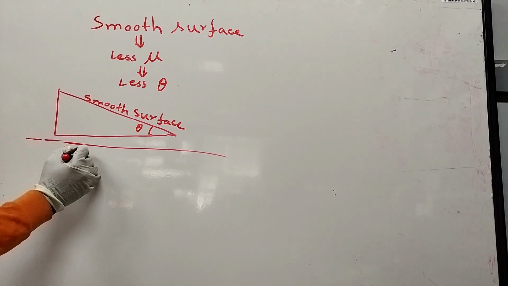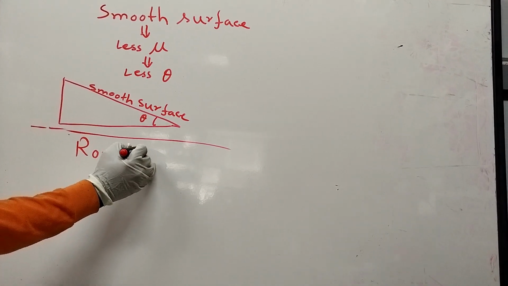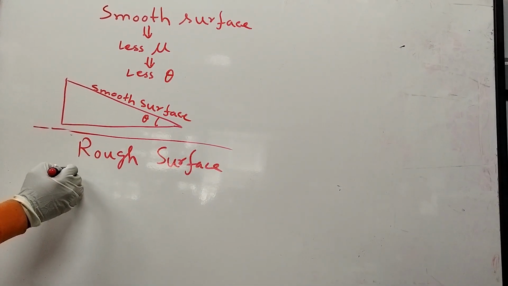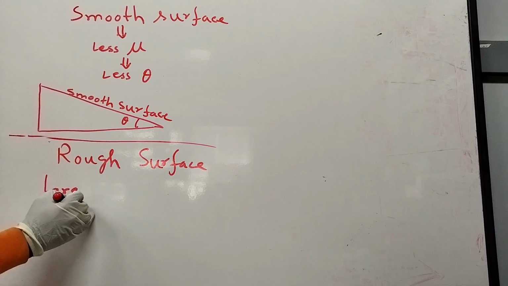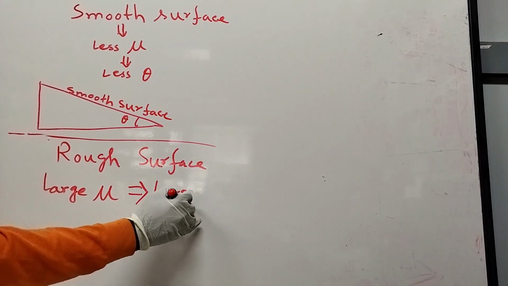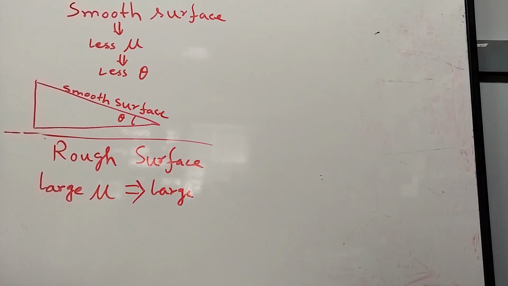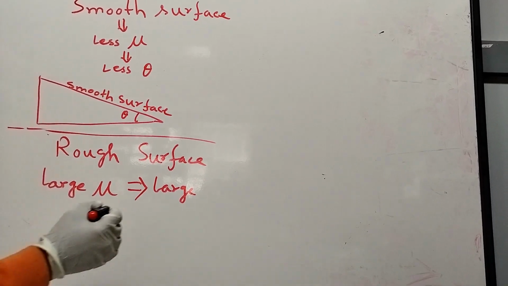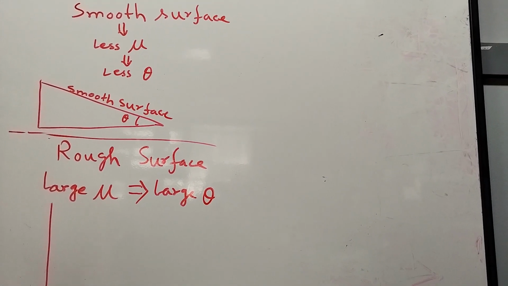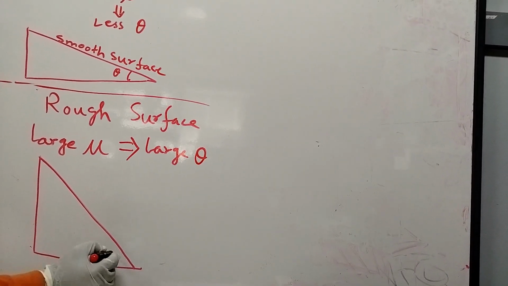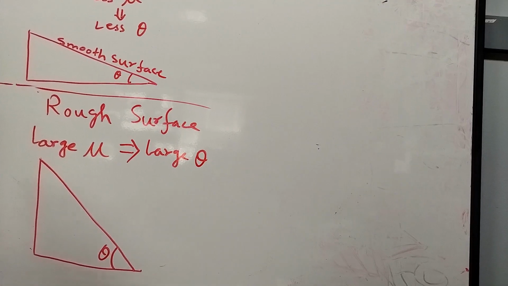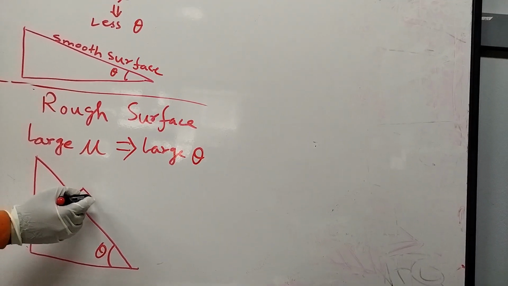On the other hand, a rough surface, which has large mu, must have a large theta for the same object to fall. Remember this point. These are the conditions from our exercise, and we will see from the experiment if they are true. As shown in the schematic diagrams, for the smooth surface the inclined angle should be small, and for the rough surface the inclined angle should be larger to make the object fall.